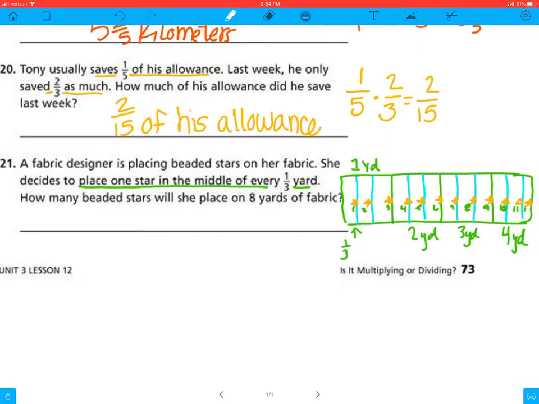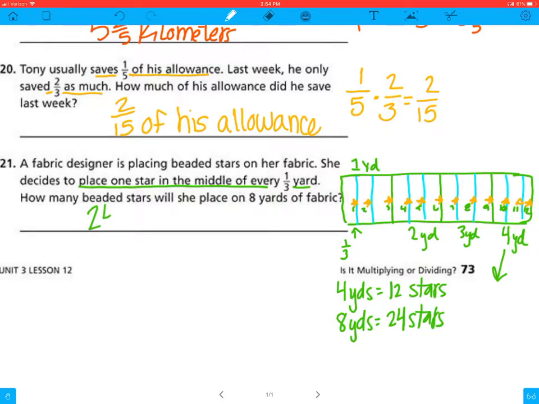That's how many thirds I have in 4 yards. So in 4 yards, if I have 12, that means in 8 yards, that'll be doubled. My pattern is not going to change. It's going to be the same thing. So again, 4 yards is equal to 12 stars. So 8 yards is going to be equal to 24 stars. And that's how my brain is looking at this word problem.